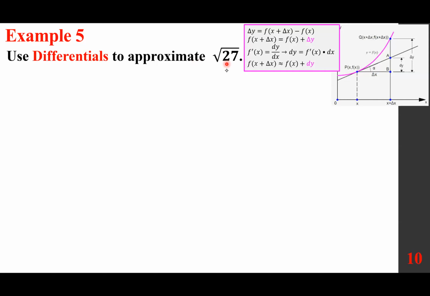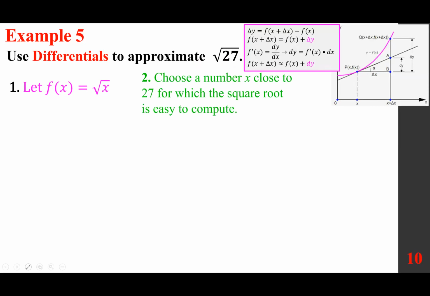So all you have to do, just read it. Approximate what? Square root of 27. So what is the action you're taking? You let f of x be that action, square root of x. Now you want to choose a number x close to 27, for which the square root is easy to compute.